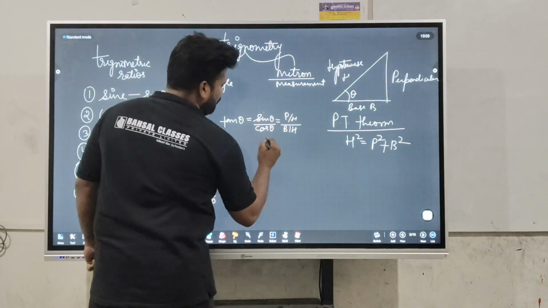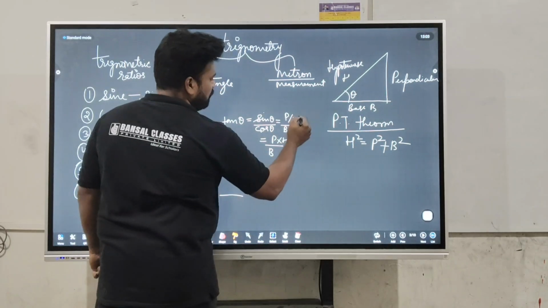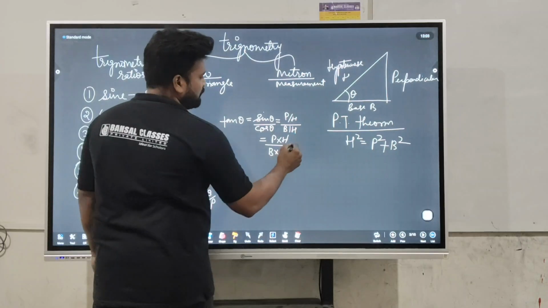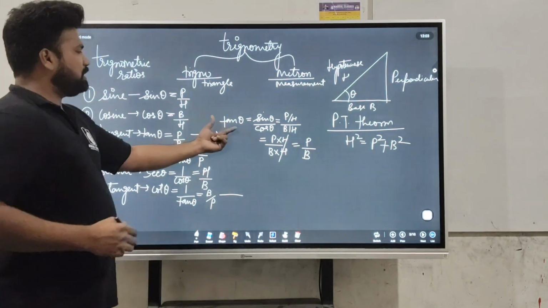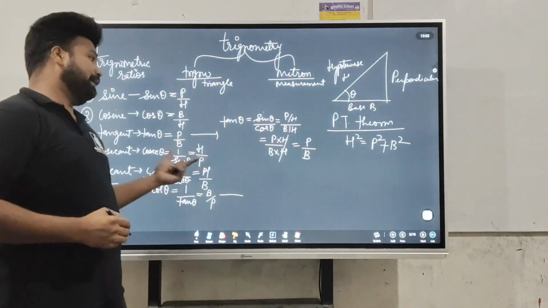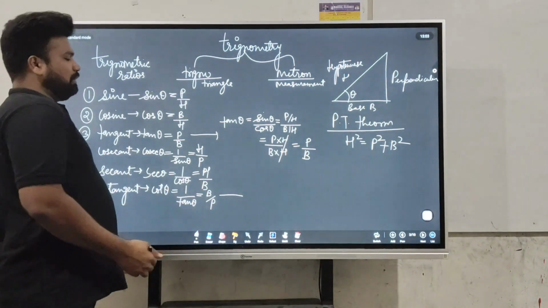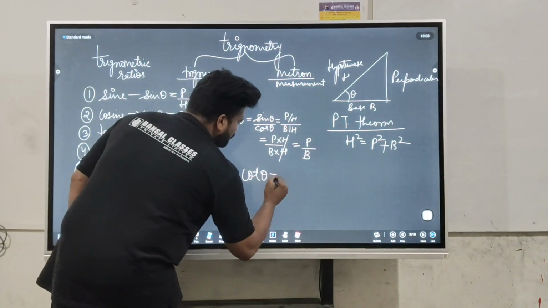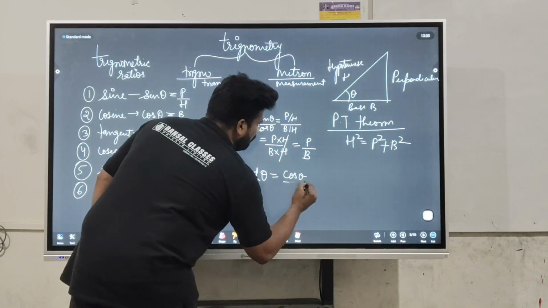When we simplify this, P upon H multiplied by H upon B, H and H cancel. The result is P upon B, which is equal to the tangent of the angle theta. And the reciprocal of this, cot theta, can be written as cos theta upon sin theta.